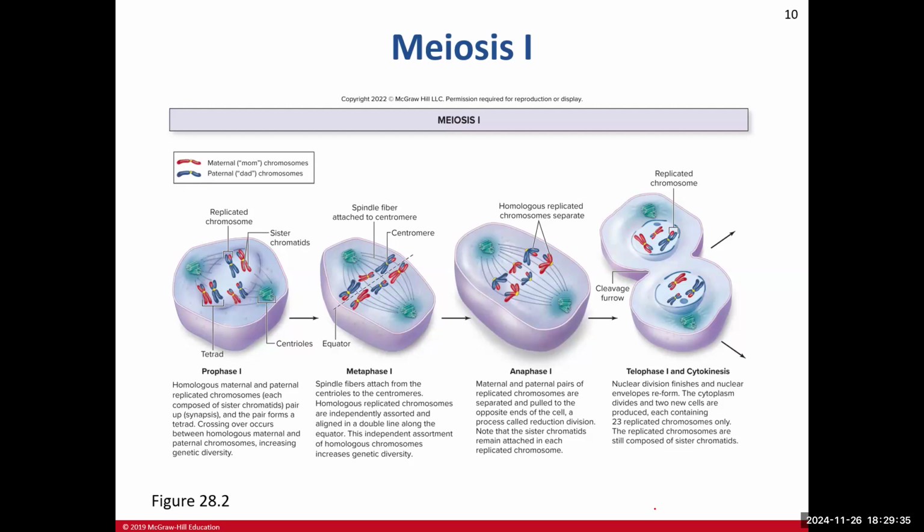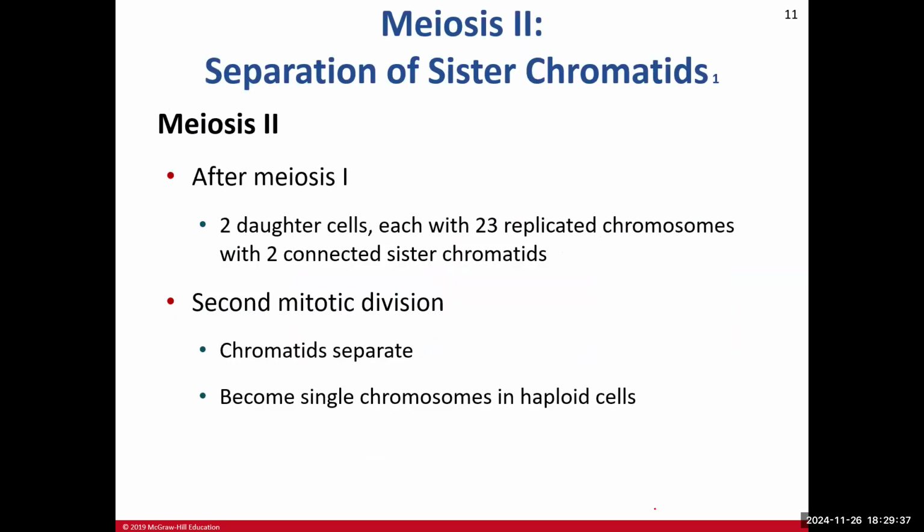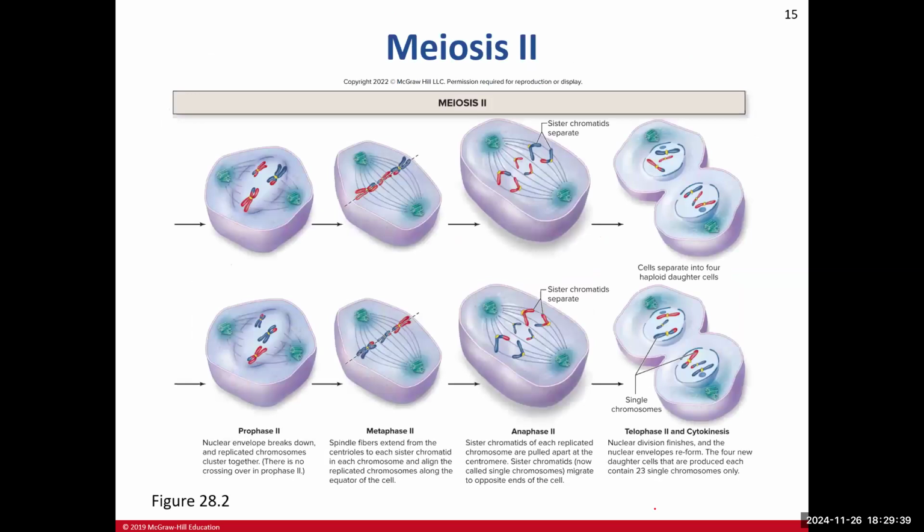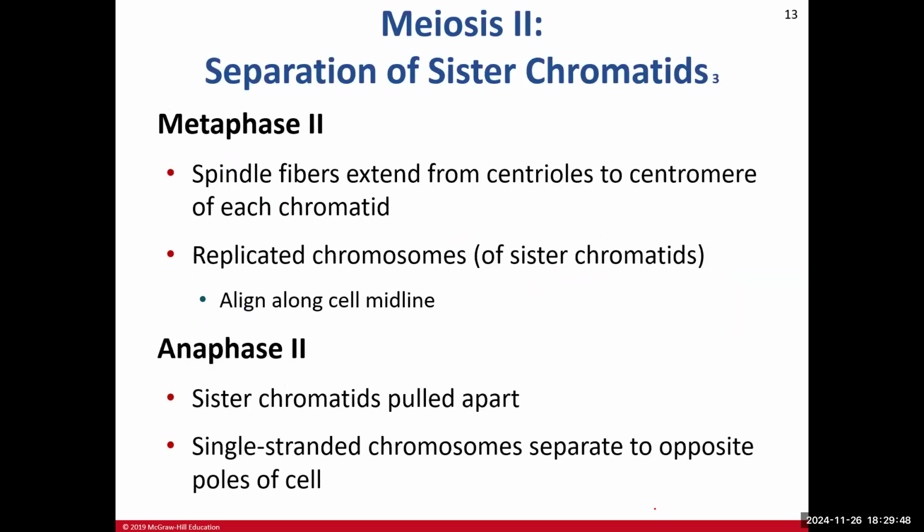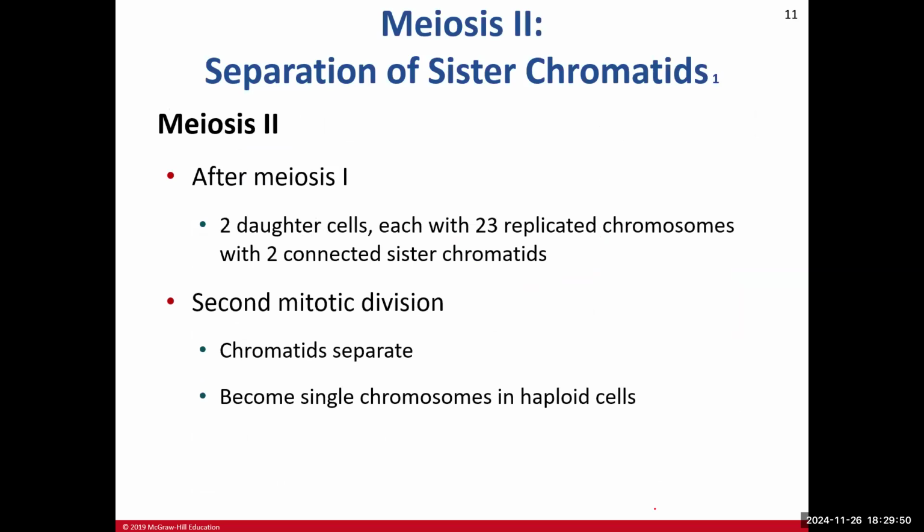It is 23 chromosomes. So when we get into meiosis 2, each of those cells is going to undergo this type of division. And I'll go through it again. Very similar, except for a couple of differences here. So with meiosis 2, we don't have crossing over here.